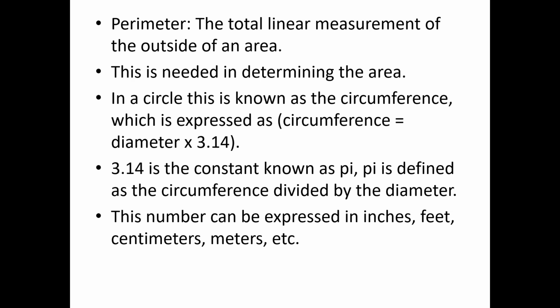Now, for the weir overflow rate, that's a common loading for clarifiers. It's the gallons per day divided by the linear length, the length of the weir, whether it's the perimeter or the outside edge of the weir, but you use the linear measurement of the perimeter in a circle.